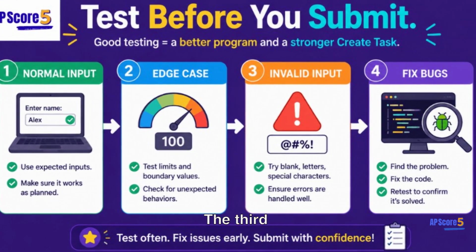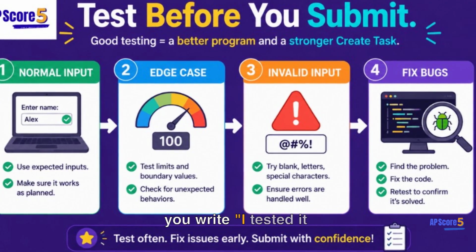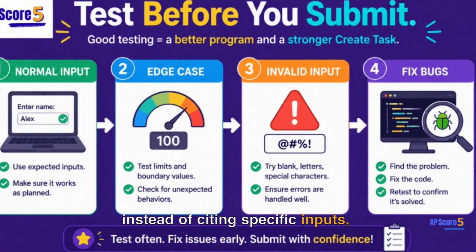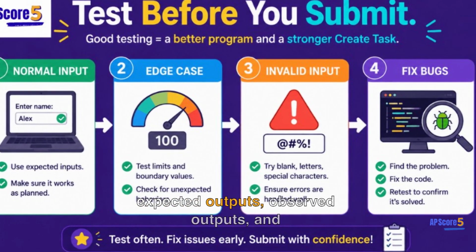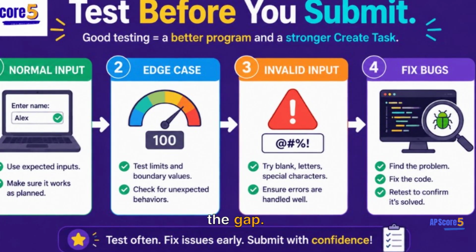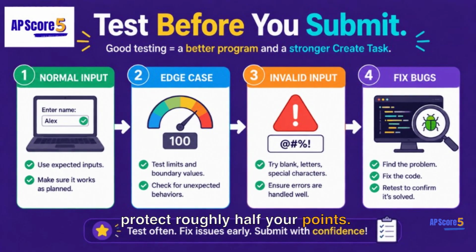The third is weak testing narratives, where you write, "I tested it and it worked," instead of citing specific inputs, expected outputs, observed outputs, and the code change that closed the gap. Fix these three and you protect roughly half your points.